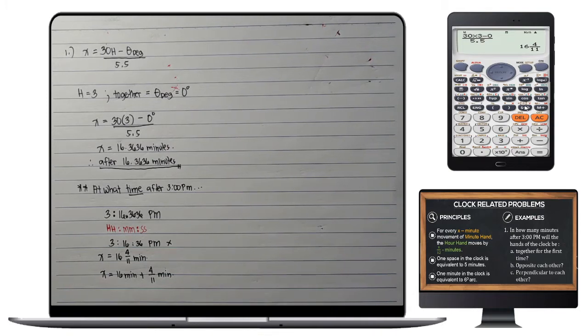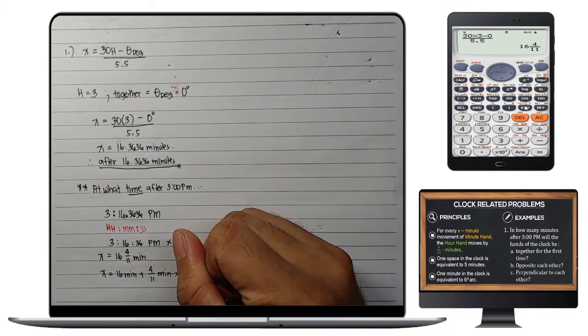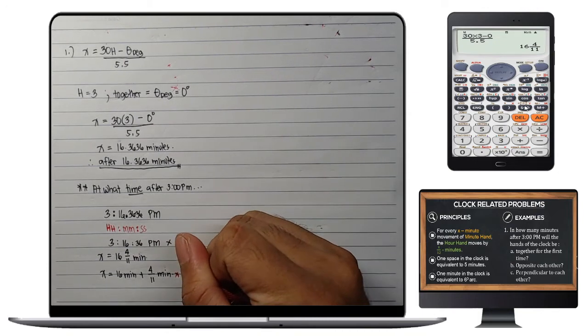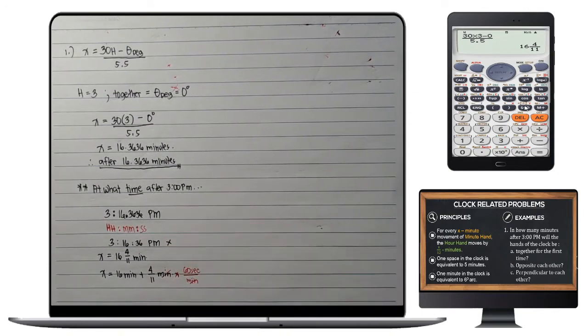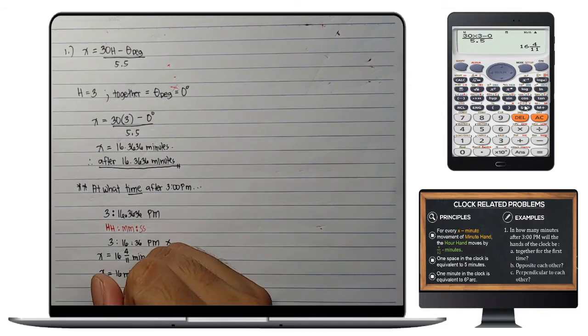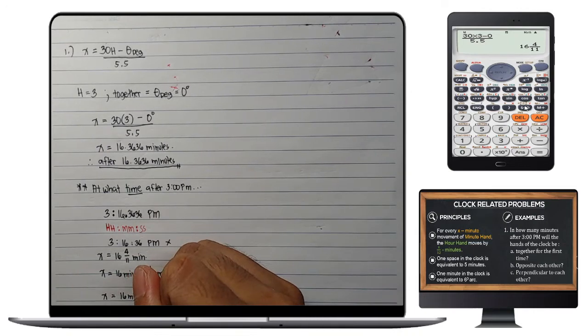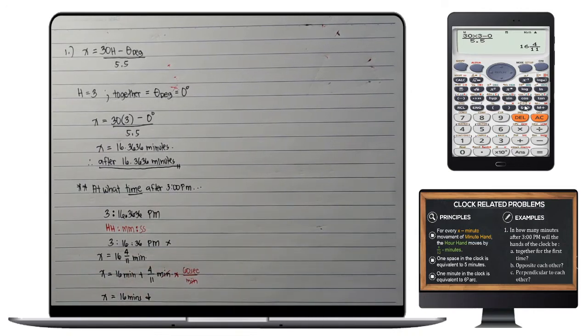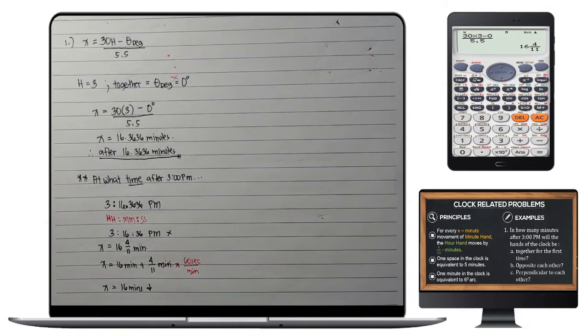So, kailangan madala natin si 4 over 11 papuntang seconds. So, we need to convert this 4 over 11 minutes into seconds. So, we have 60 seconds per minute. So, i-convert lang natin si 4 over 11. Therefore, yung ating x is 16 minutes and yung 4 over 11.